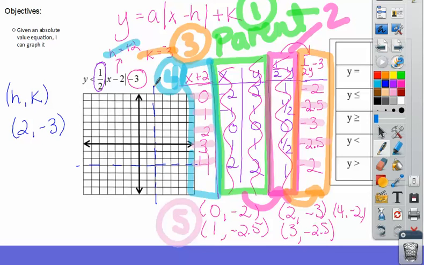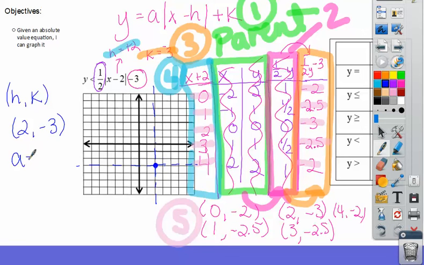If I was graphing my regular absolute value one, I would start at the origin and put a dot there. Normally, I go over 1, up 1, and backwards 1, up 1. That's my normal one. But because of my a value, I'm going to change those points.